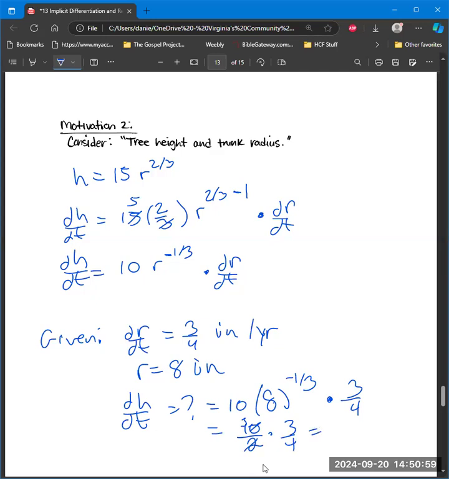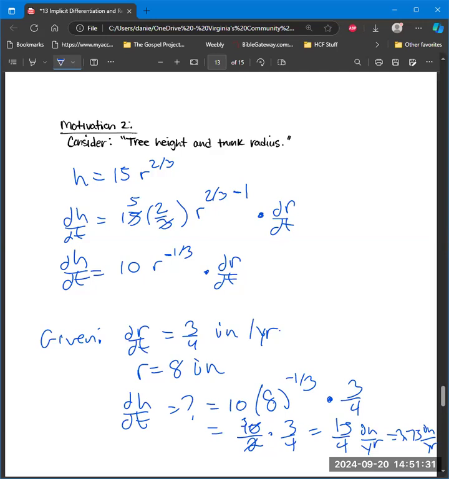It's going to be 15/4 of an inch per year. As we were told in this problem that this is inches per year, so this will also be inches per year. So that's almost 4 inches per year. This is 3.75 inches per year, which is how quickly the tree is growing.